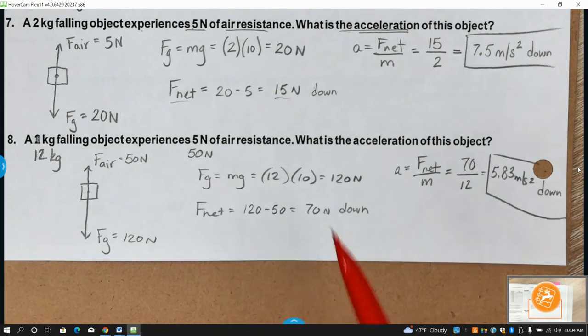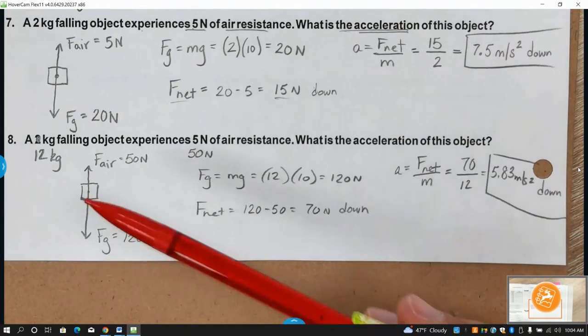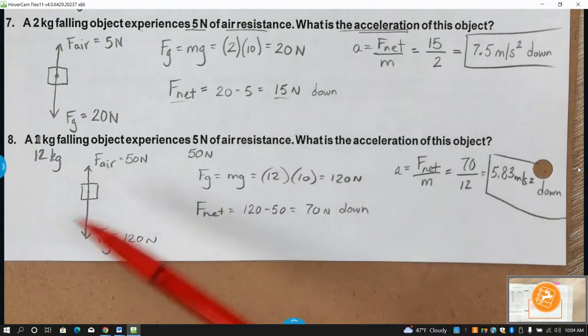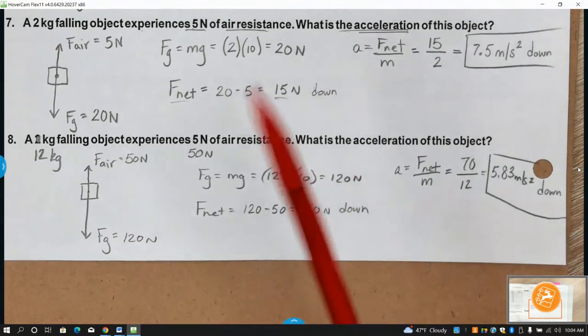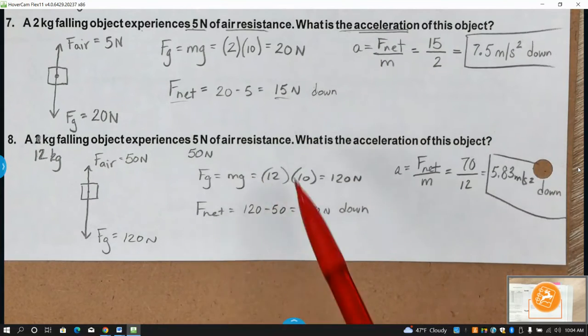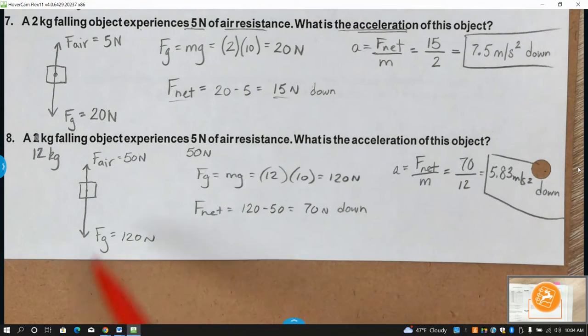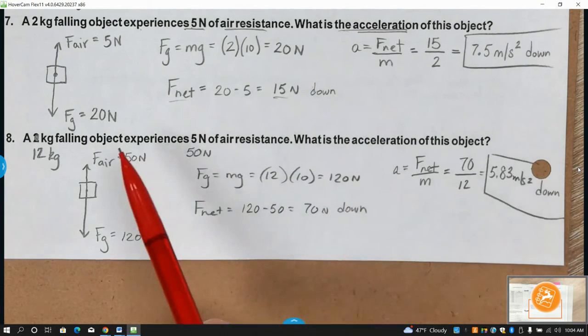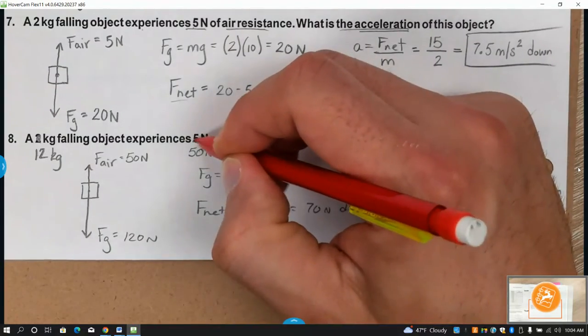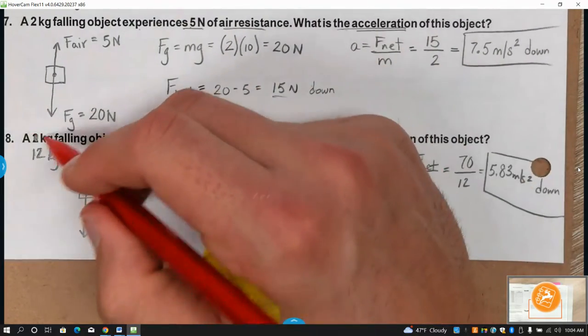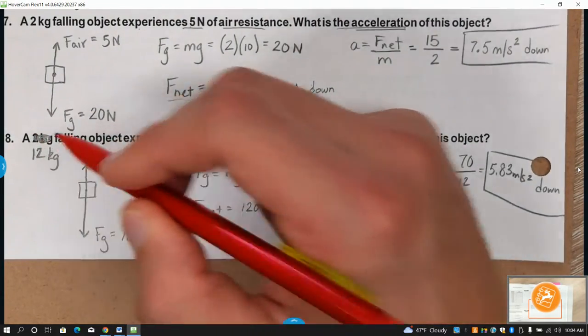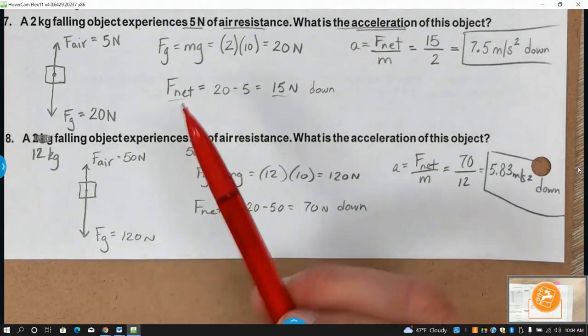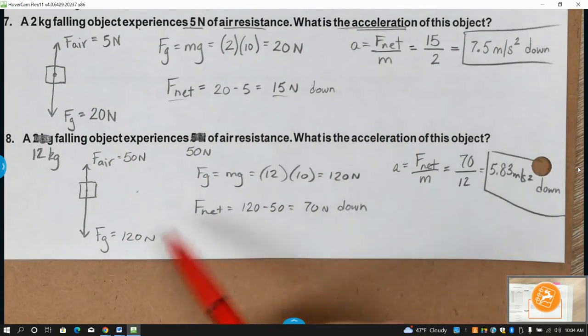Okay, essentially the same setup. You definitely want to draw a free body diagram because it makes everything visually much easier. We should already always know that F sub g is going straight downward. So we take our mass times gravity, 12 times 10, to get 120 newtons downward. Then 50 newtons of air resistance going upward.